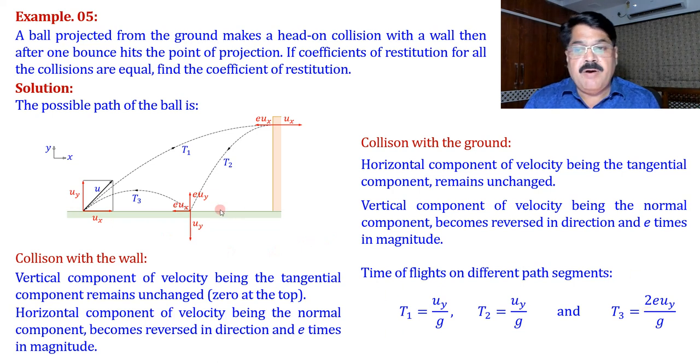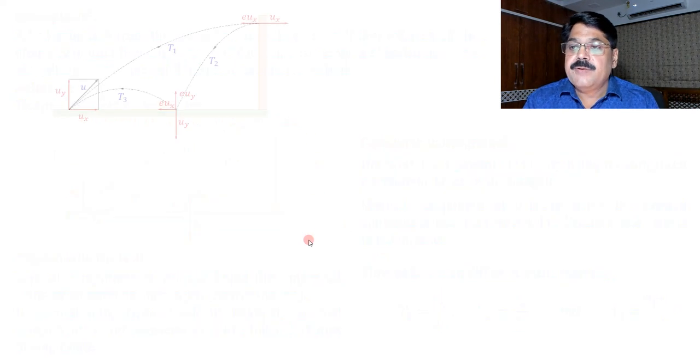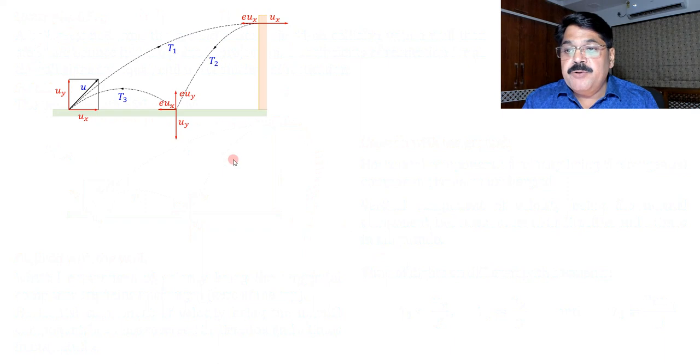Now we have obtained how much time the ball will take on different segments of the path. But we can note here a very remarkable idea. What? The leftward horizontal displacement, that is from here to here, is equal to its rightward horizontal displacement. And we will make use of this idea. So we have again reproduced the diagram. We will again write the values we obtained.